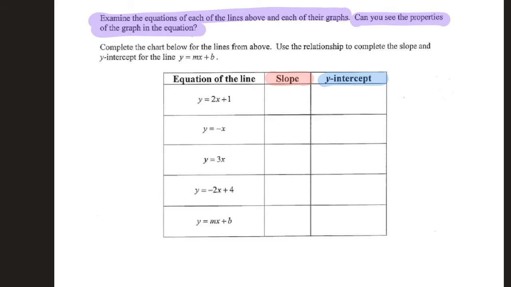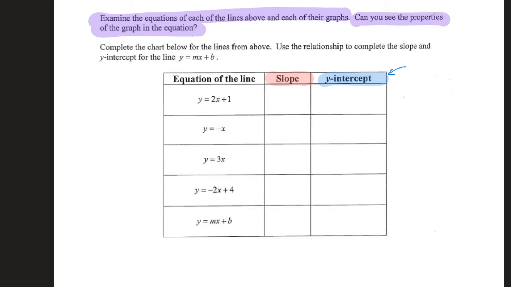Well, the slope we should all be automatic with, that we're rolling over in the middle of the night saying rise over run. The y-intercept is going to be something new to us. When we talk about the y-intercept, we're talking about where the y-axis intersects our curve, or vice versa, where our line hits the y-axis.